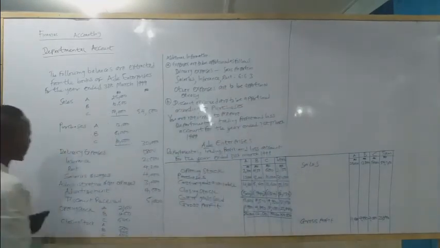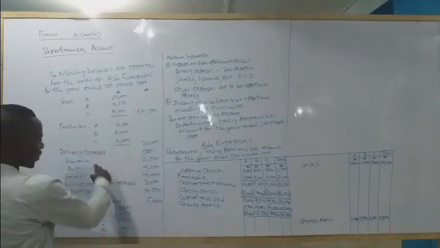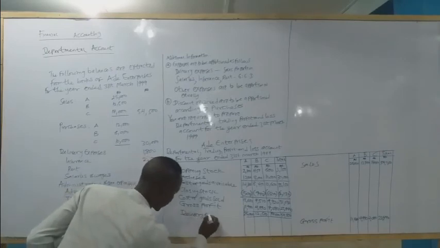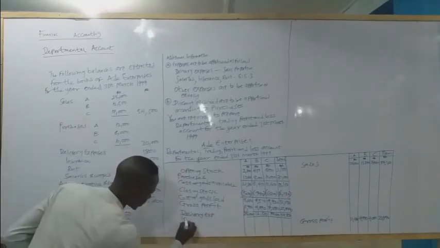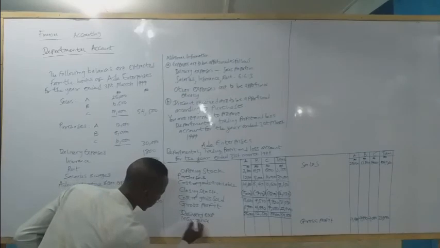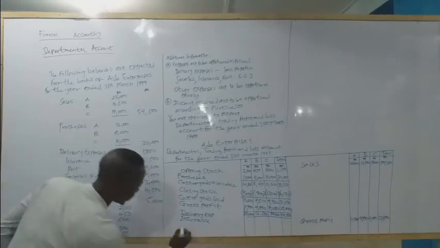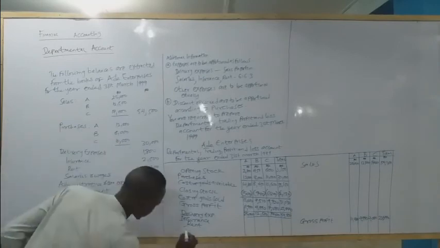Now we can reduce all our expenses: delivery expenses, insurance, rent, salaries and wages, administrative, and so on. So here, delivery expenses. Insurance. Then we have what? Rent. Salaries and wages.